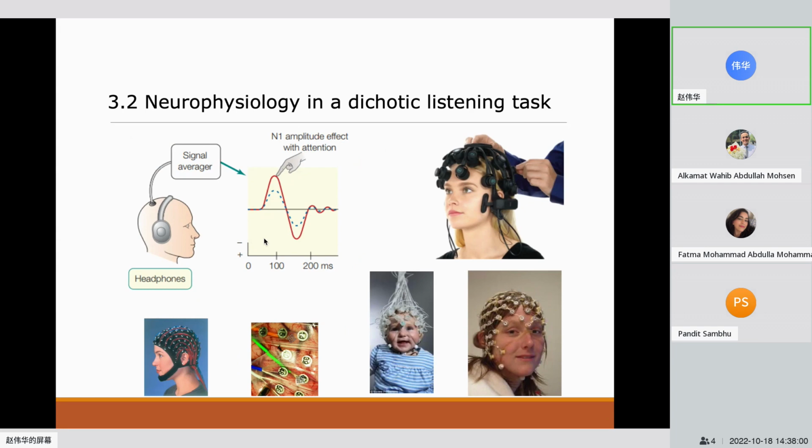So the significant design feature of this experiment: during these two conditions of attention, the participants were always engaged in a difficult attention task. So just focus on the right ear or focus on the left ear, and simultaneously ignore the other ear.